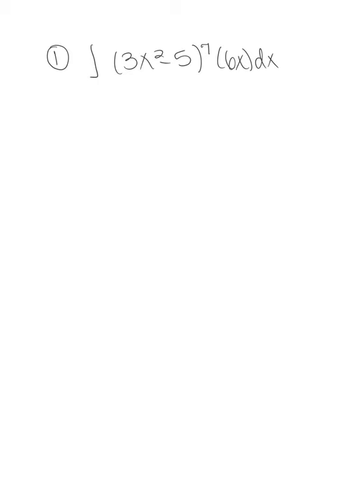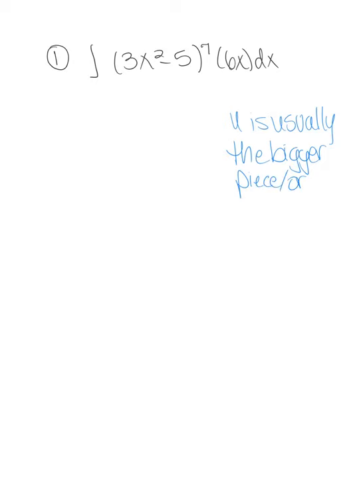Well, the first thing we're going to need to do is to pick our u. Now, u is usually the bigger piece or the piece that's being raised to a power.